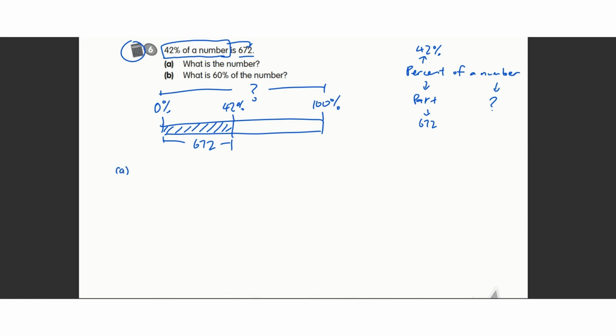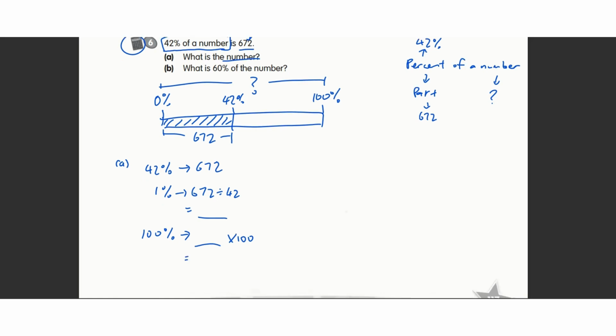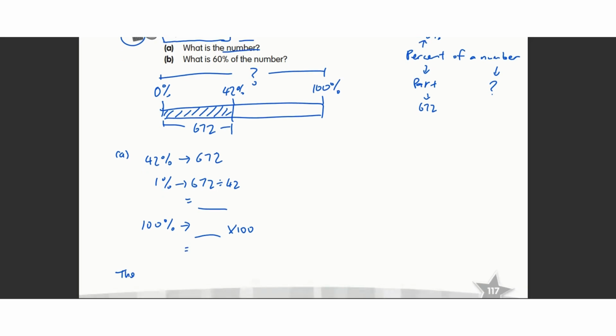So you can start with A, find the number. So I have 42%, using equivalence is 672. So I can use that and then find what's 1%. Use my calculator to press that, and from there I can find 100% of the number, which is this answer multiplied by 100. So it's like unitary again, using the equivalence. So here the number is, as you use the calculator to calculate.